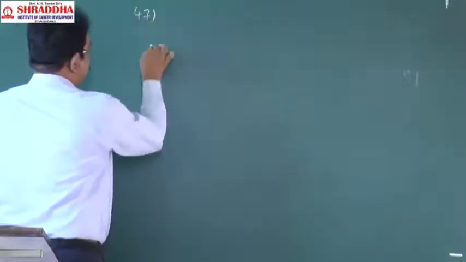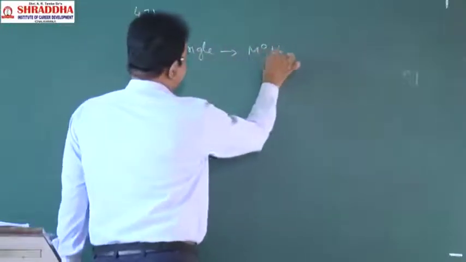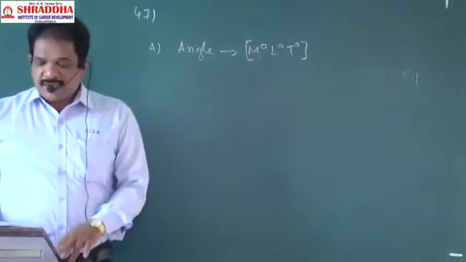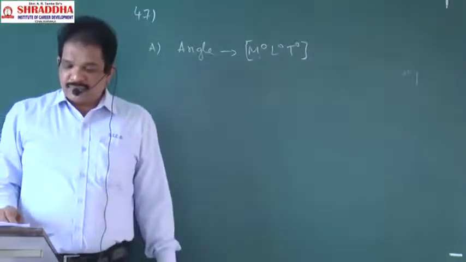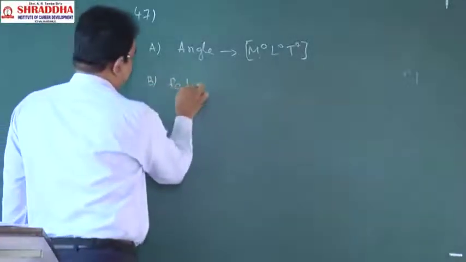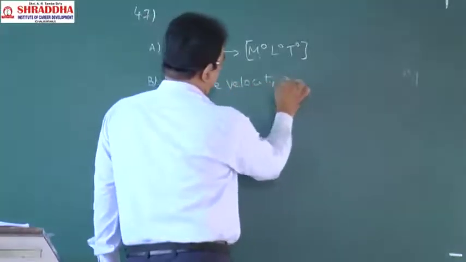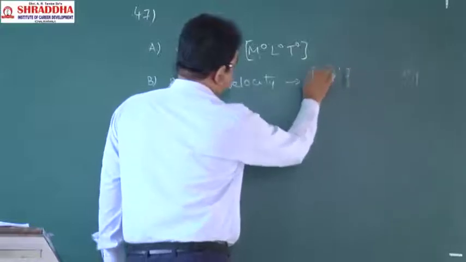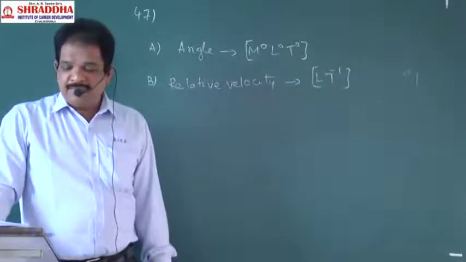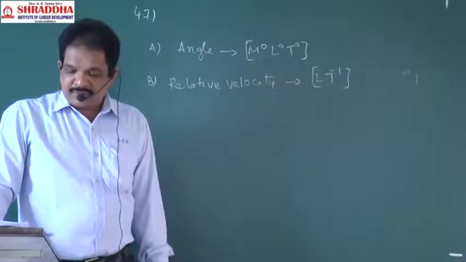47 see. What is the dimensional formula for angle? M power 0, L power 0, T power 0. Next, relative velocity. Relative velocity means change in the velocity. So it is having velocity dimensions, that is LT power minus 1. Okay.